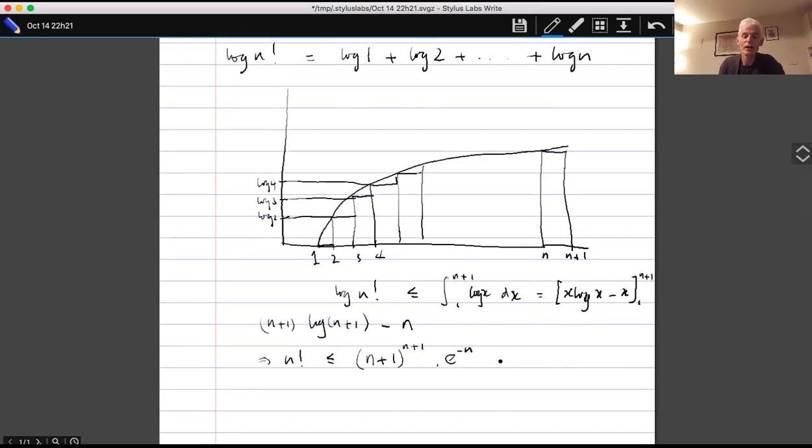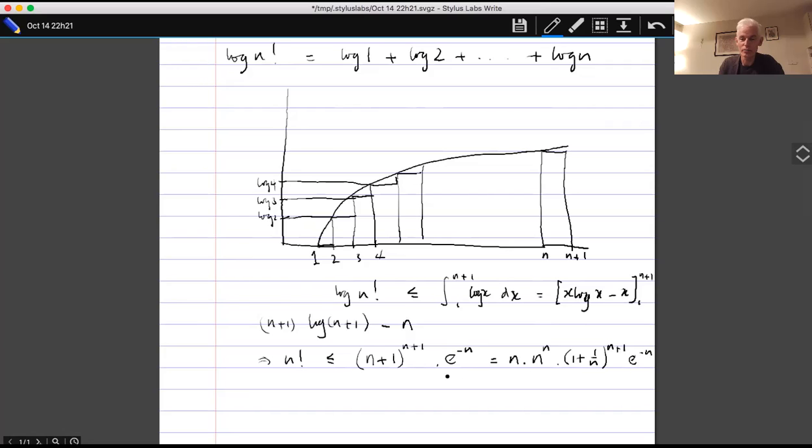I'd rather write that in terms of n, so n plus 1 is n times 1 plus 1 over n, and that gives n times n to the n times 1 plus 1 over n to the n plus 1 times e to the minus n.